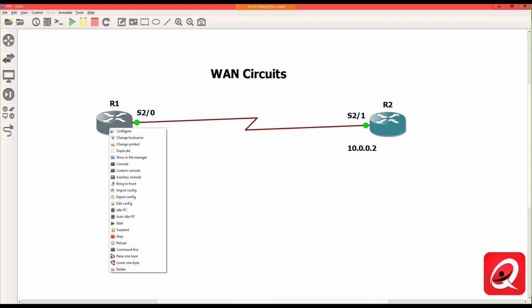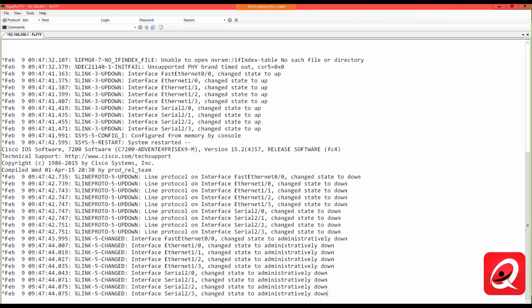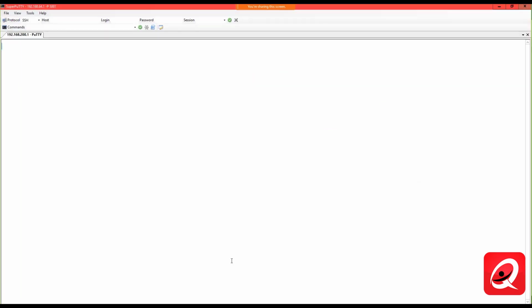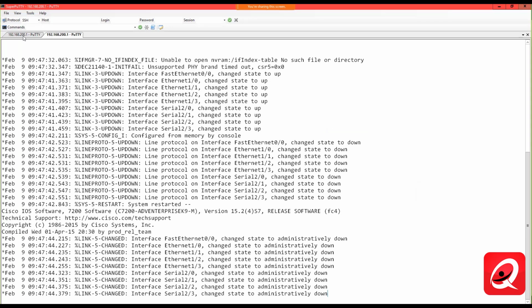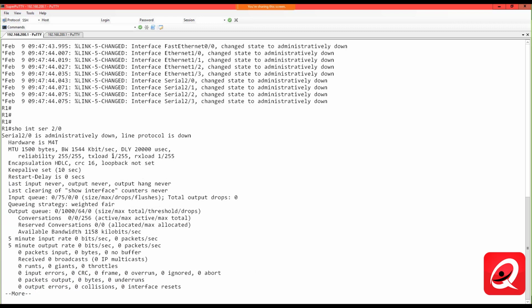So let's take a look at how this would look in a Cisco router. There's really only one command you need to implement this protocol. Let's go into our console. I really don't have anything configured on these devices.